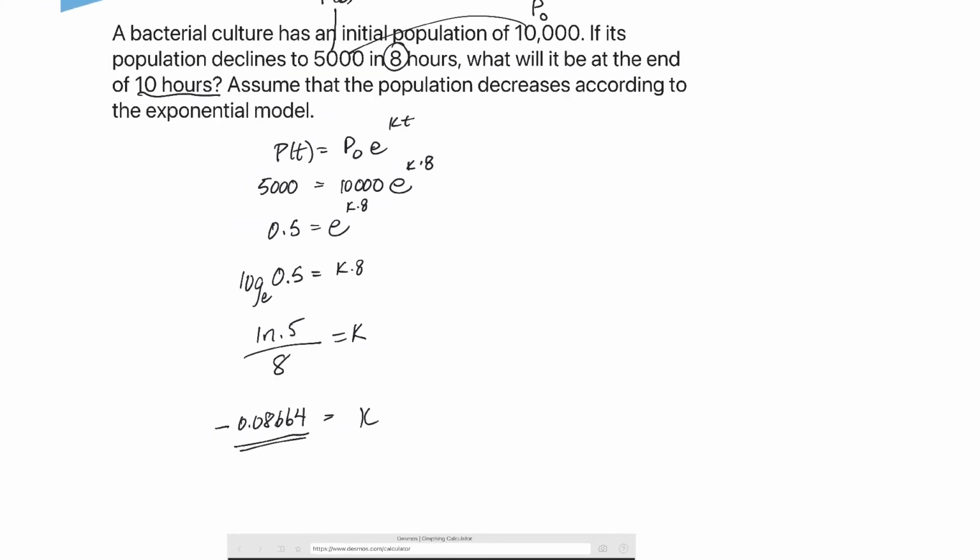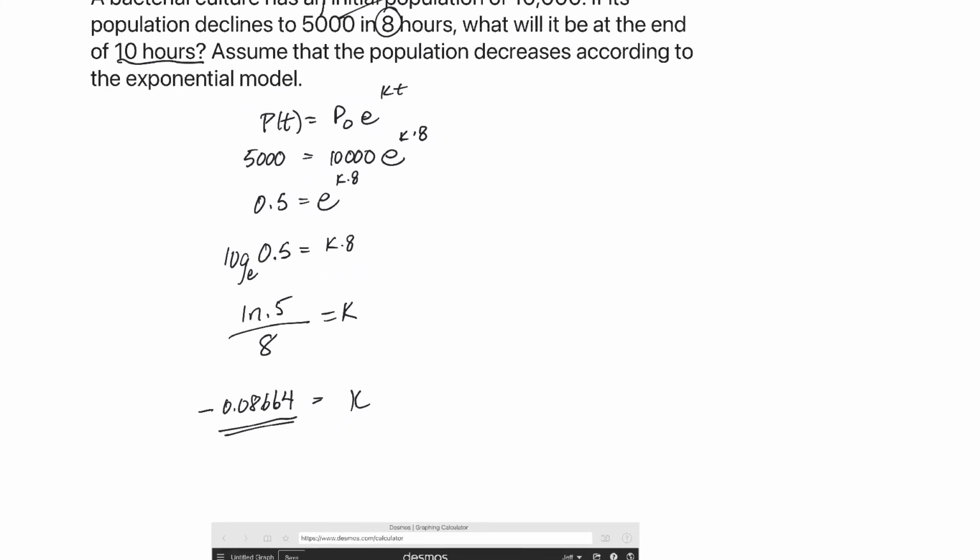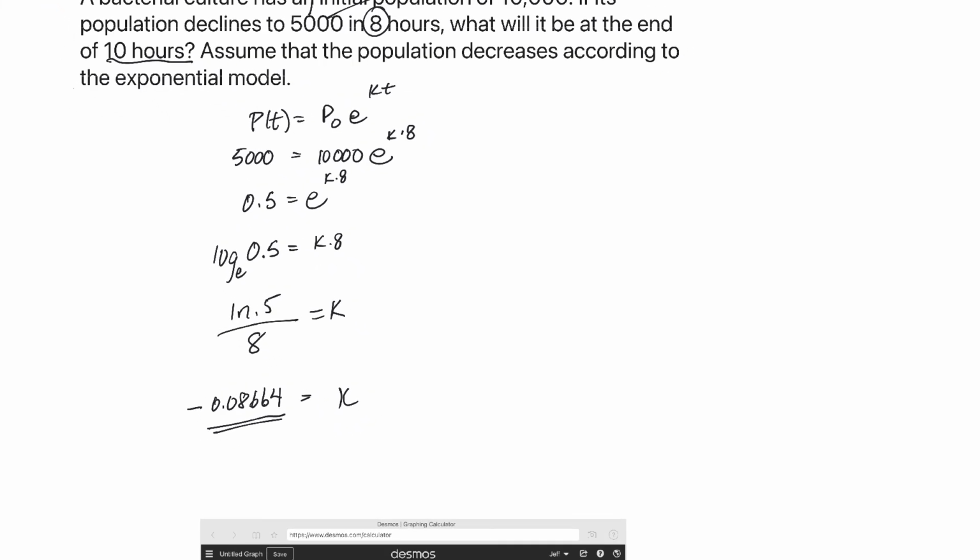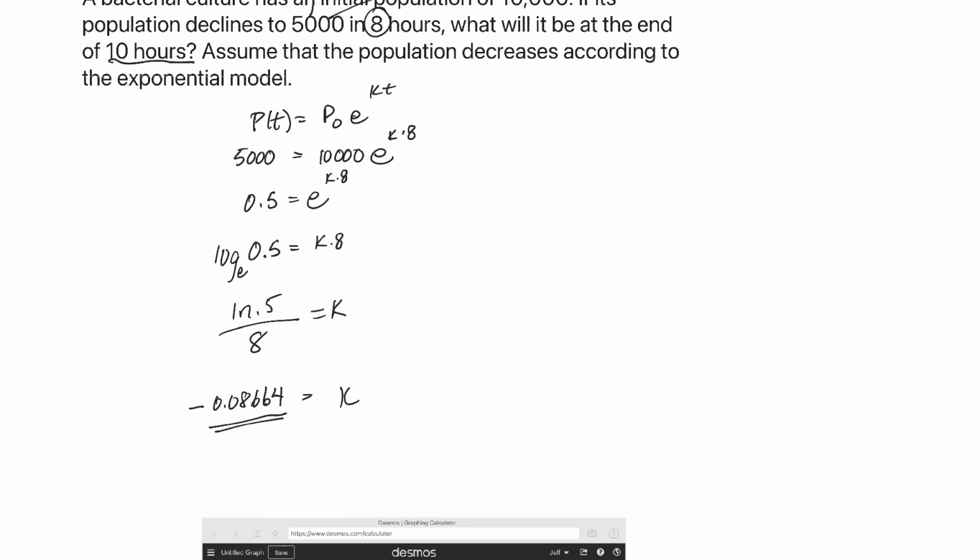But the question says, what will be the population at the end of 10 hours? So maybe I should use this formula again: P of t equals P0 e to the k times t. So that's the population after 10 hours. It starts with 10,000.